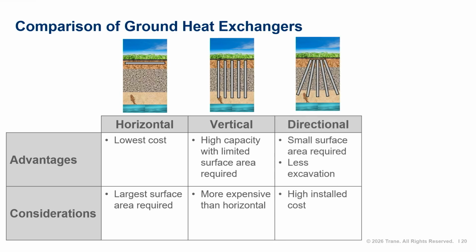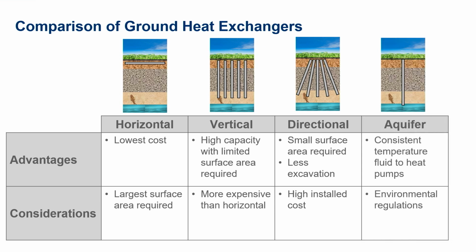Directional drilling can help projects with extremely constrained surface footprint, or it can limit the excavation impact from horizontal ground heat exchangers. And if local codes allow, direct heat exchange with the aquifer can result in low-cost, high-capacity systems.